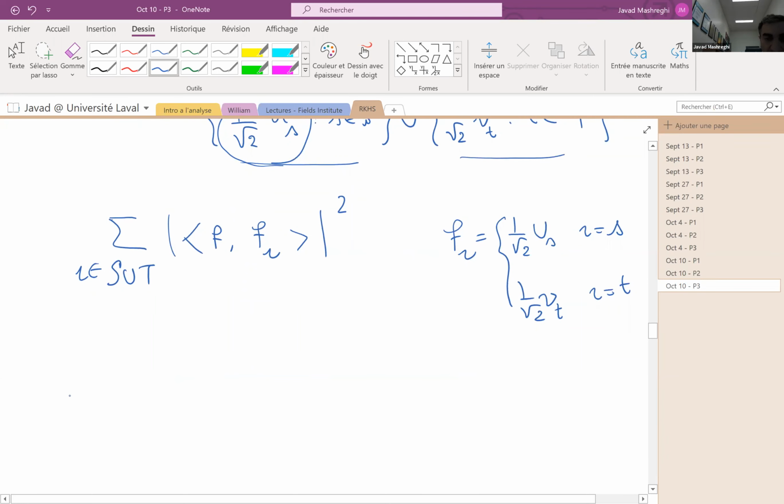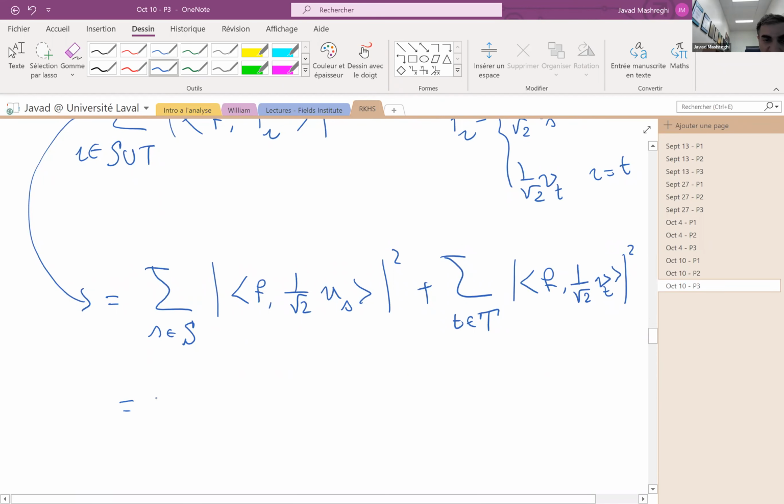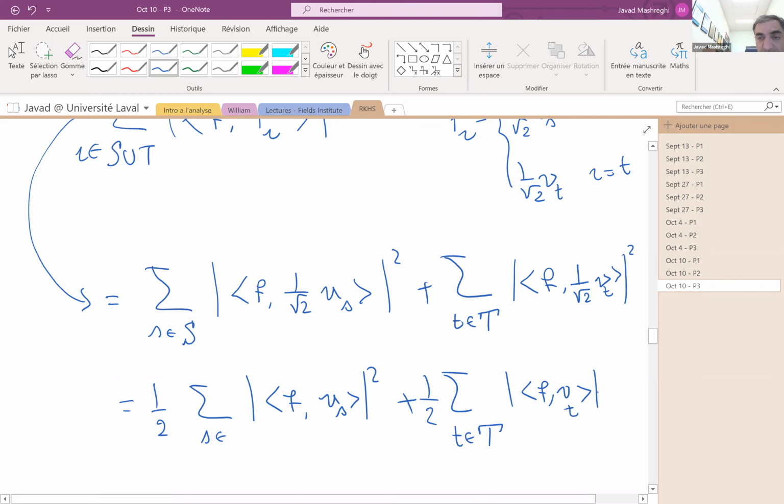So what do I obtain? I obtain two sums. This is equal to the sum over s in S of the squared absolute value of the inner product of F with 1 over root 2 U_s, plus the sum over t in T of the same with 1 over root 2 V_t. I can extract root 2, and it becomes one half squared. So I have one half the sum of the squared absolute values of the inner products of F with U_s, plus one half the sum over t in T of the squared absolute values of the inner products of F with V_t.